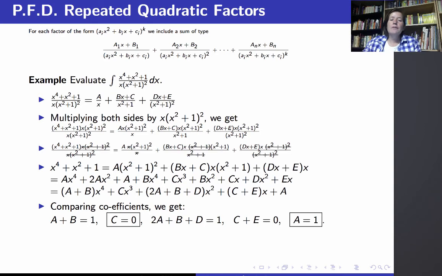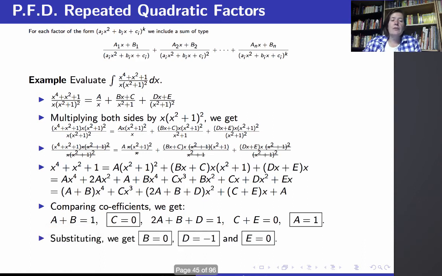Well, now we have two values for a and c straight off the bat. We have a is 1 and c is 0. And if we plug in a equals 1 into the equation a plus b equals 1, we have to have b equals 0. And if we plug in c equals 0 into the equation c plus e equals 0, we must get e equals 0.